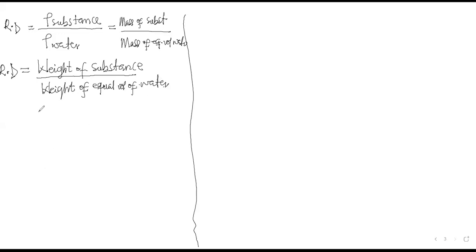But weight also comes back to mass, because weight is equal to mass times acceleration due to gravity. And because acceleration due to gravity in each case is the same, they cancel out. So we have mass of substance over mass of water.